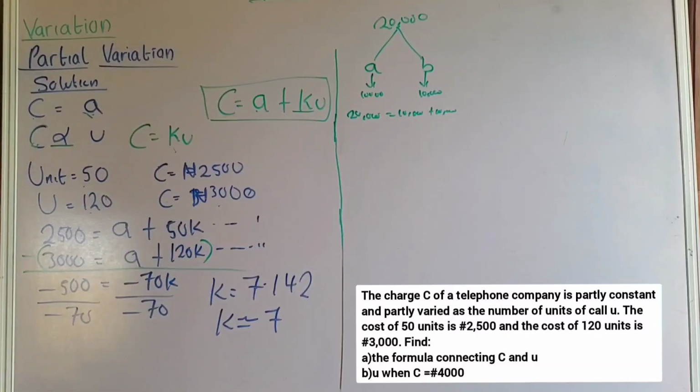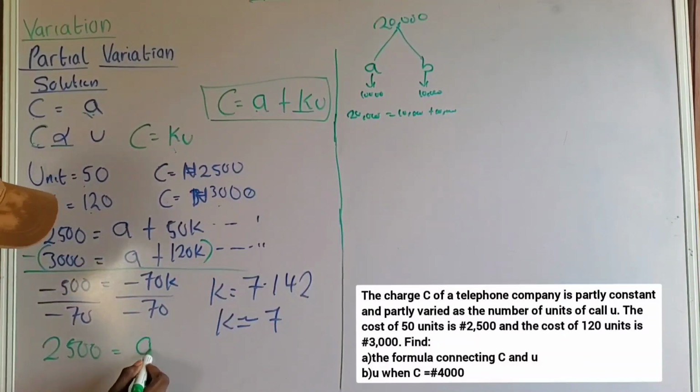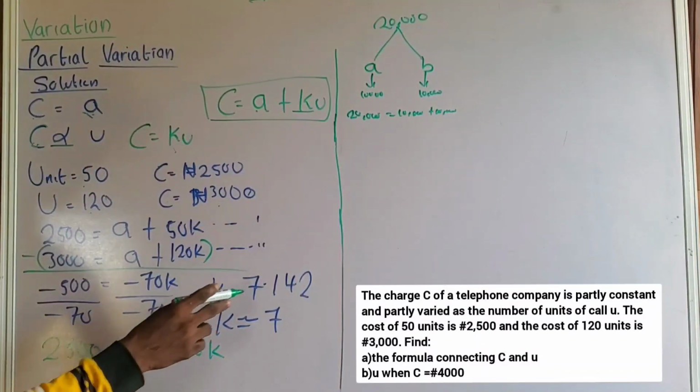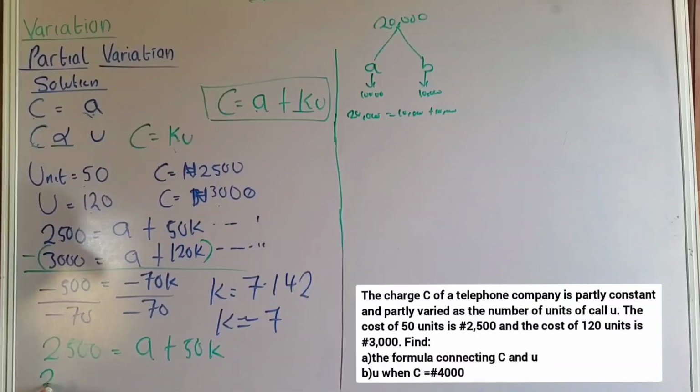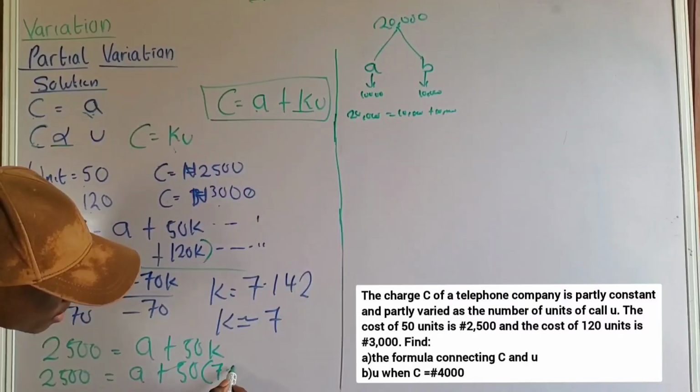So let us make use of equation 1. Equation 1 is 2,500 naira equals A plus 50K. Now, when K is 7.142, I'm going to have 2,500 equals A plus 50 multiplied by 7.142.